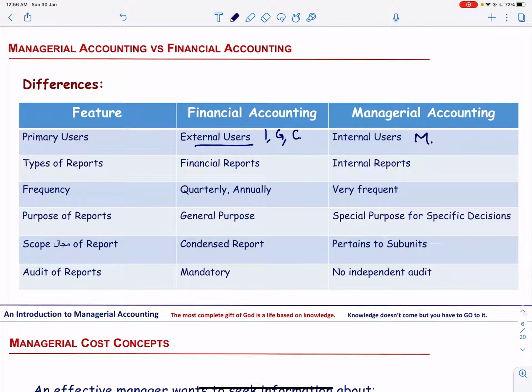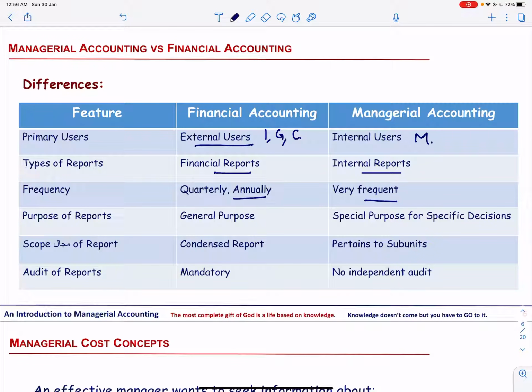Financial accounting reports are called the financial reports, while managerial accounting reports are called internal reports. Financial accounting reports are prepared annually and in some cases quarterly, while managerial accounting reports are prepared very frequently. It may be half yearly, monthly, weekly, and sometimes daily.